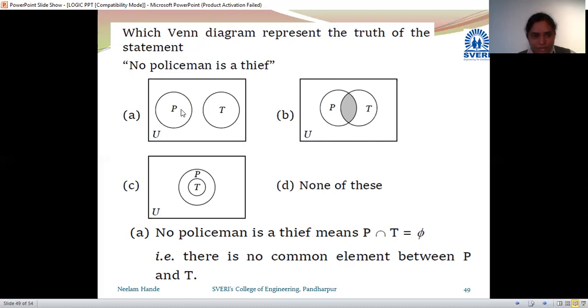So only we can see here is separate P and T sets. So yes, this one is correct. It means some police are thieves. So in this case we get this. Some here few thieves, few police are thieves. You get such like thing, and your correct option here is then option A.